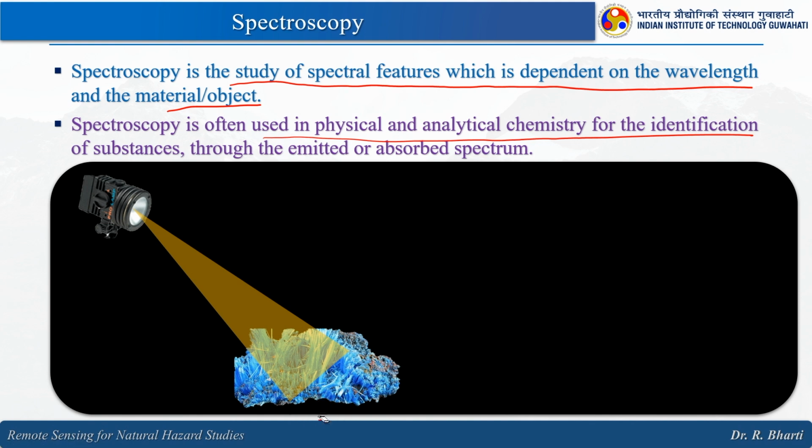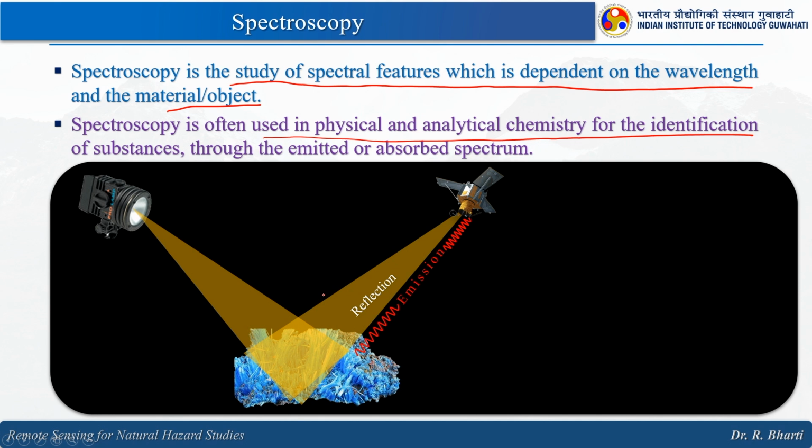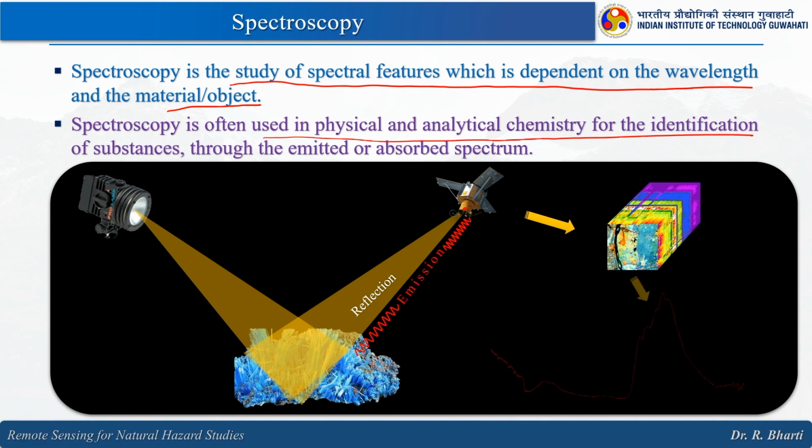If we put one sensor here, it measures how much energy is reflected, right. So, this kind of spectroscopy we can have. Here, the reflectance is measured by this particular sensor, or if it is absorbing, it will emit, and this goes to your sensor. Then it gets recorded. So, this is the hyperspectral setting.